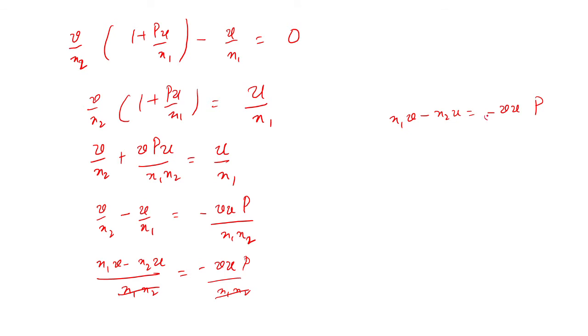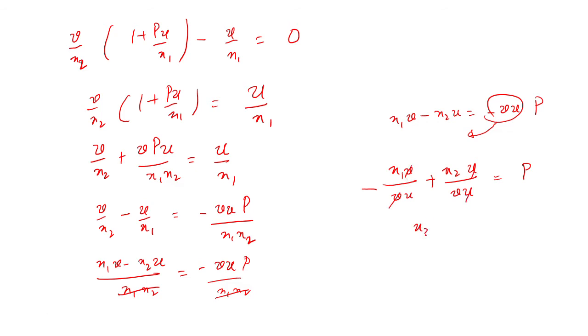So if I divide all throughout by vu, then I would get n1 v divided by negative vu. Then this will be positive, so it will be n2 u divided by vu is equal to p. So here v and v cancel out. Here u and u cancel out.